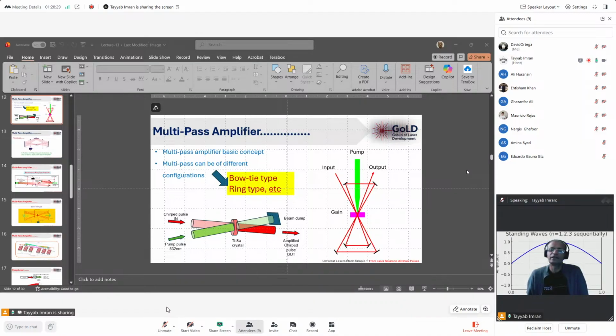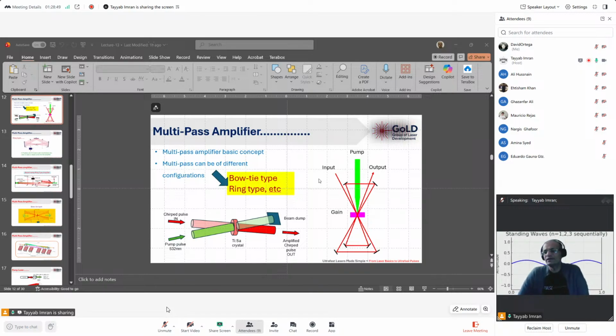Okay. And the thing is that in this portion of this course, I'm trying to simplify many things, and also I'm omitting many things because I don't want to make it very difficult.